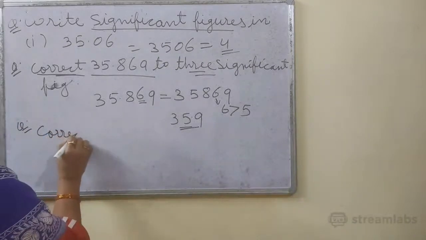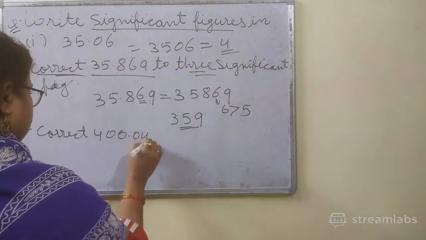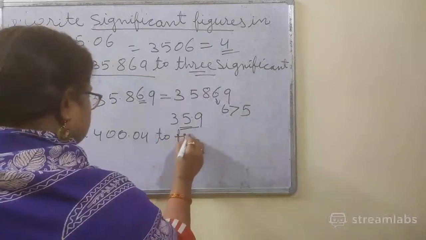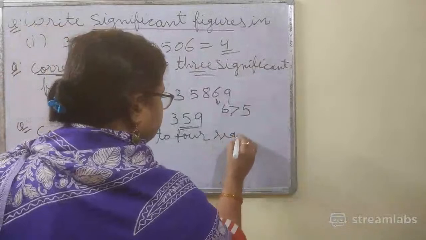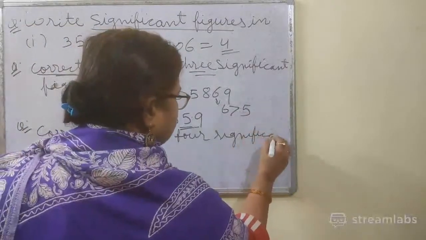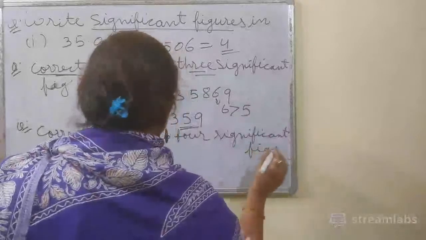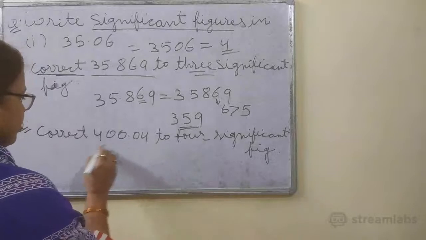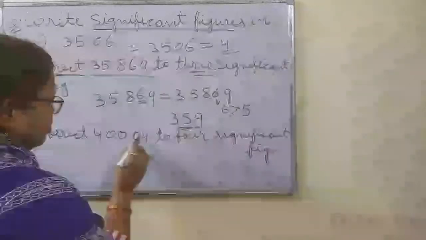Correct 400.04 to 4 significant figures. So 4 significant figures means what? Means we have to see the fifth one. So 1, 2, 3, 4, 5.